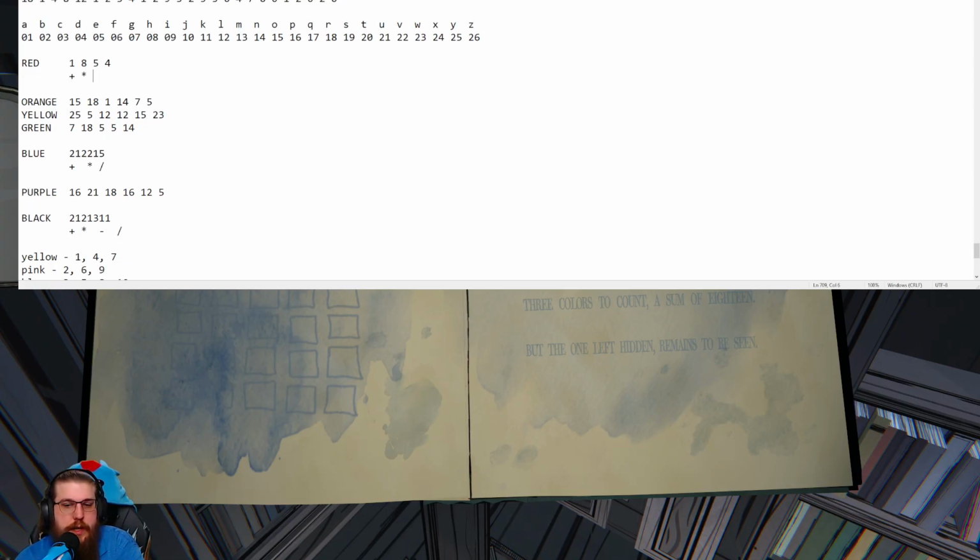So 3 colors to count a sum of 18 could just literally be the number of letters. But 3 colors to count a sum of 18. You know, it's funny, if you do blue as 2 times 12 divided by 2 plus 50, or, oh, you'd only have minus left.